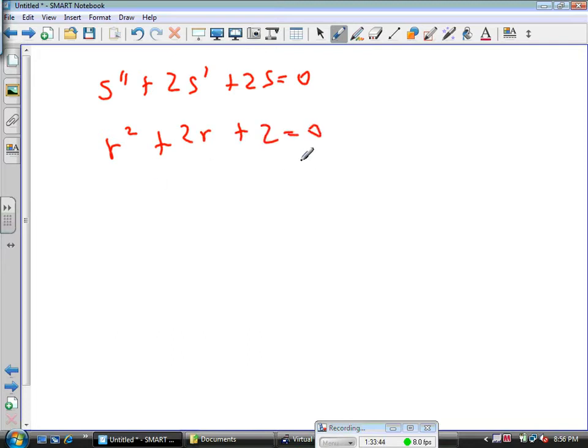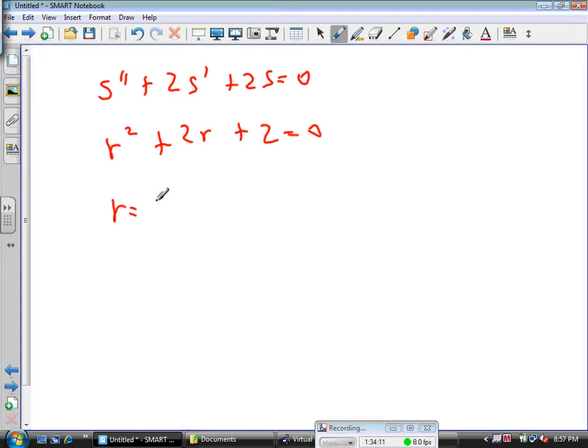Good. Is that factorable? Or do you need the quadratic formula? You can always use the quadratic formula even if it's factorable, but what do you say? You need it or you don't need it, the quadratic formula? You do need it. You don't know offhand any easy factors of 2 that add up to 2. There are, but they're complex, so it's sort of hard to come up with in your head. So I'm going to say R equals, now do the quadratic formula.